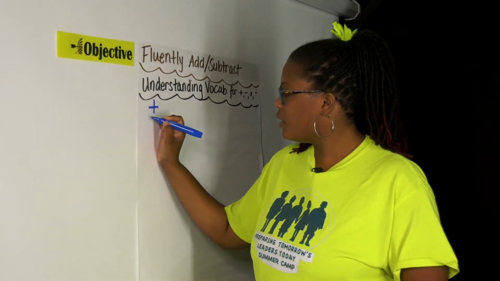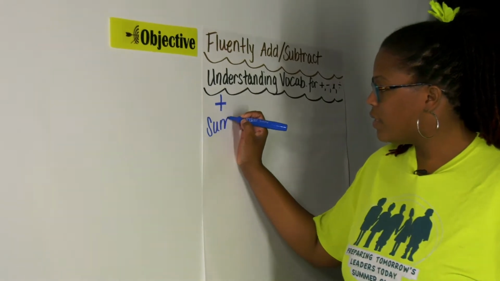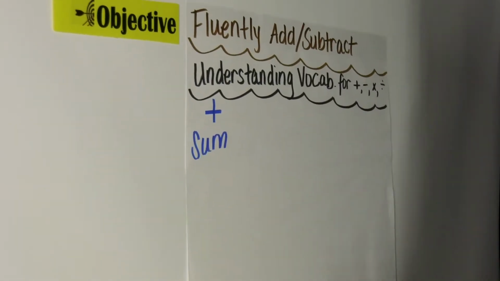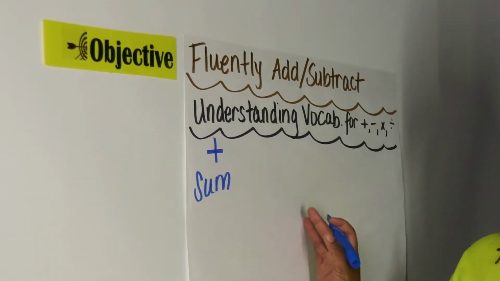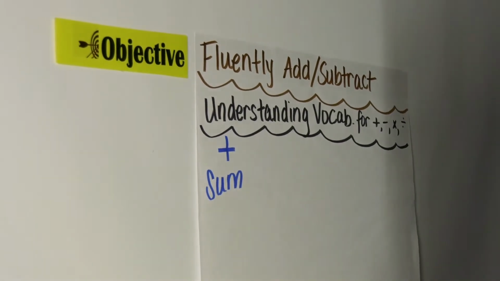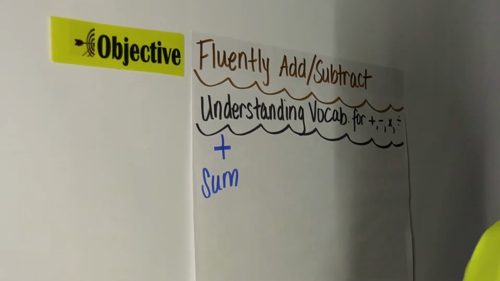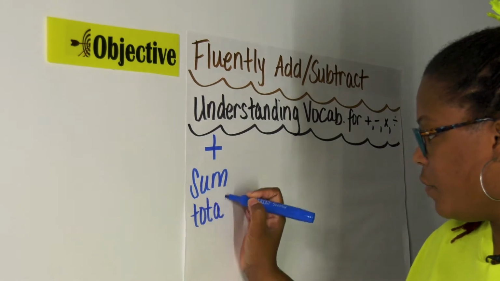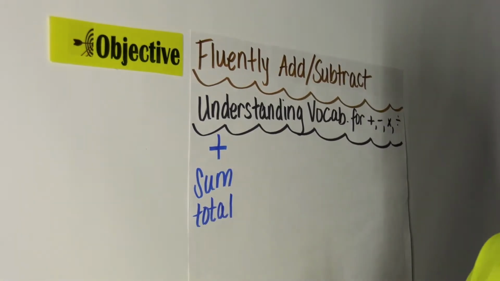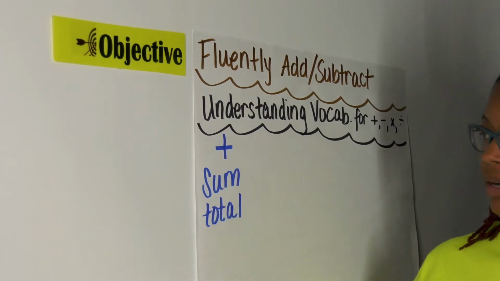Okay, some terms that you would see when you are adding, the word sum. If the question asks you what is the sum of a certain set of numbers, then sum would tell me to add. Another word that you may see that tells us to add, if you see the term total. What is the total amount?